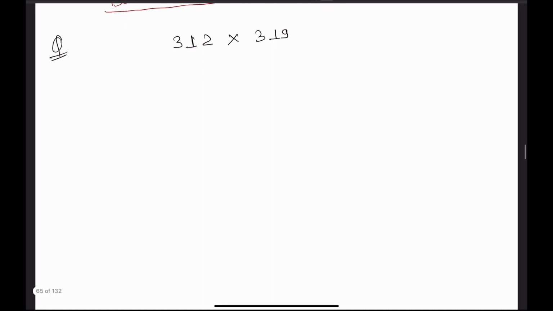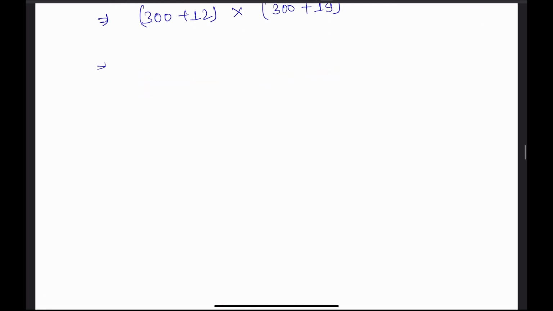I know that we want to bring everything to a multiple of 50 or 100. We have already discussed that it's easy to just replace the last 2 digits with whatever we know. So the same treatment we are going to do here. To do that, I can write it as 300 plus 12 into 300 plus 19.